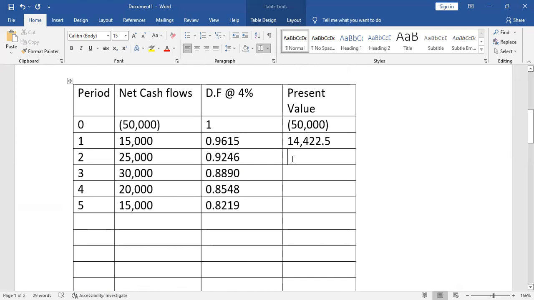Then 25,000 multiplied by 0.9246, I have 23,115.